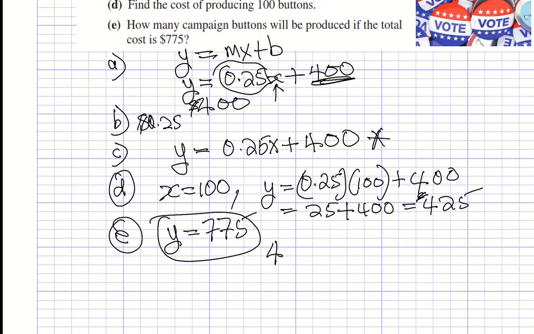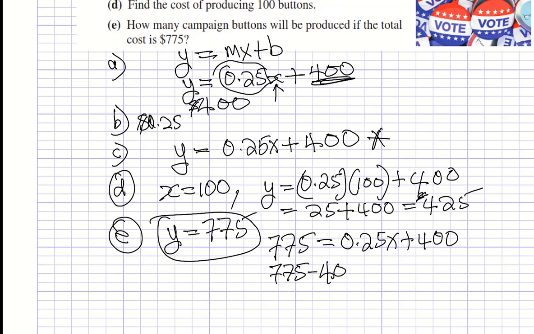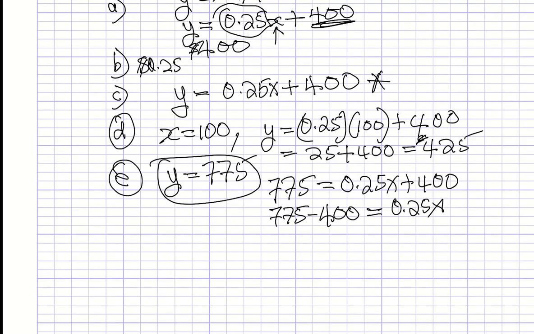Then we say 775 equals 0.25x plus 400, and we solve for x. You move things around: 775 minus 400 equals 0.25x. So 375 equals 0.25x.